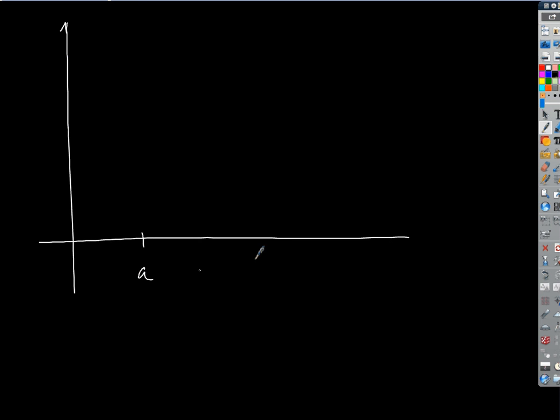I want to show you one other thing. What if we want to do something like, I've got a function, and here's my function.